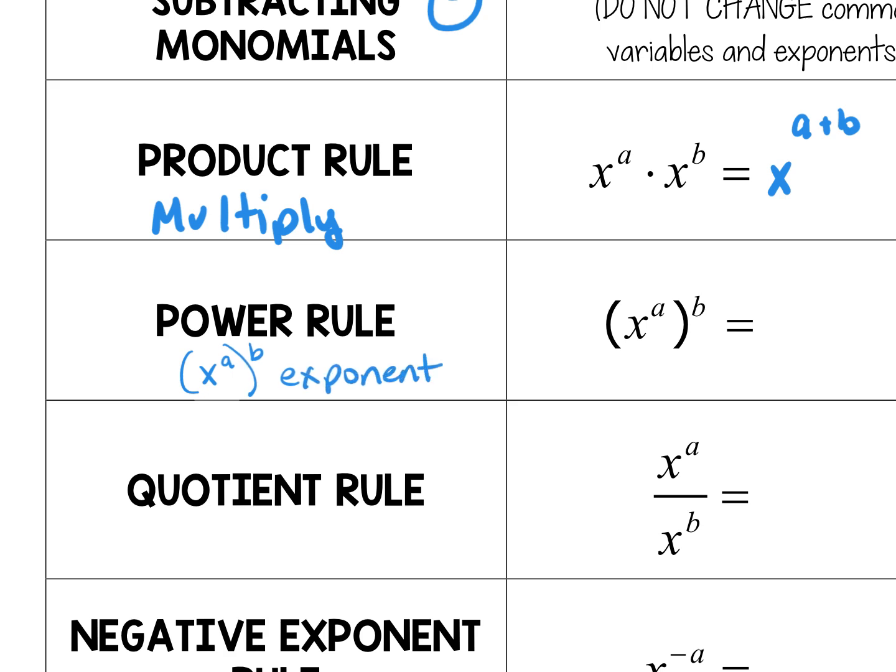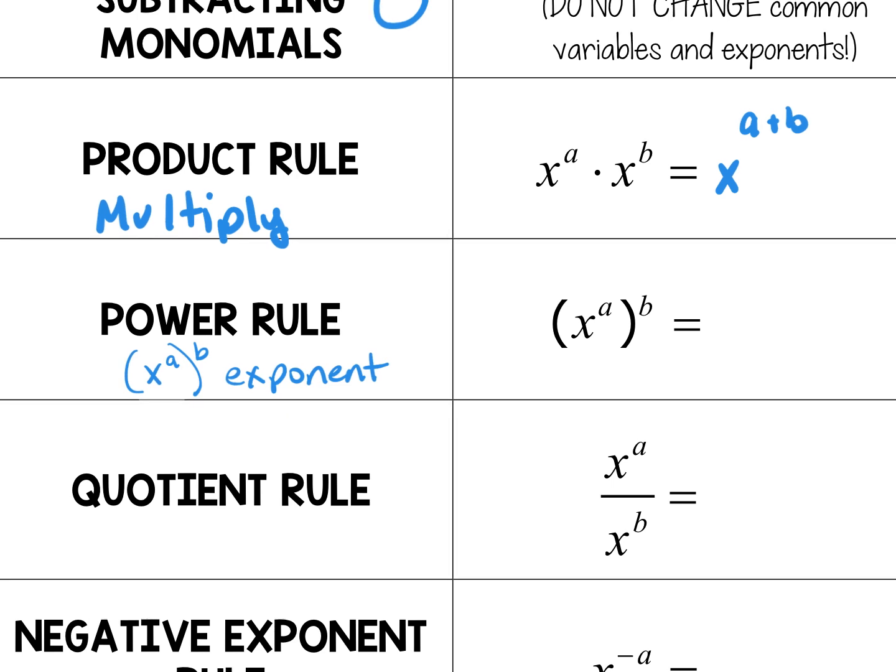Okay, so when you have X^A raised to the B, you are going to go X^(A times B). Because really what we're saying, say for example, is X squared. What does that mean? Well, that means X times X, right? But if we're raising that to the third power, that means I'm saying X times X times X times X times X times X, okay?